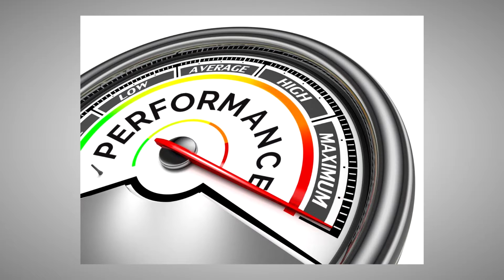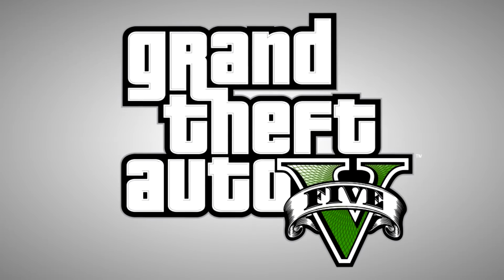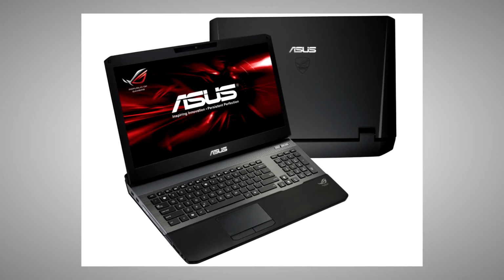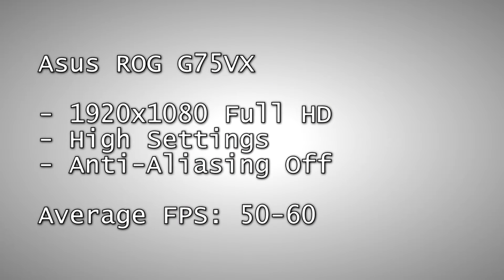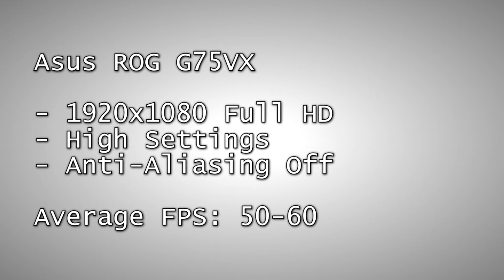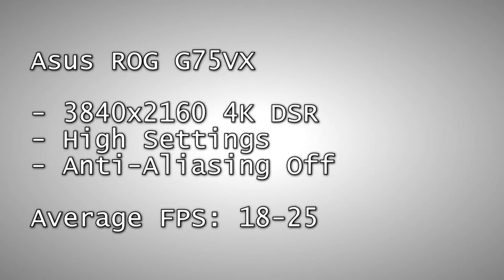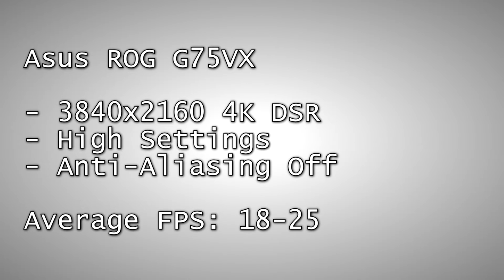How much is performance affected? Well, a lot. To give you an example, I've been running Grand Theft Auto 5 on an Asus ROG G75VX gaming laptop in Full HD screen resolution, high settings and anti-aliasing turned off on around 50 to 60 FPS, and with the exact same settings but 4K I'm down to 18 to 25 FPS.